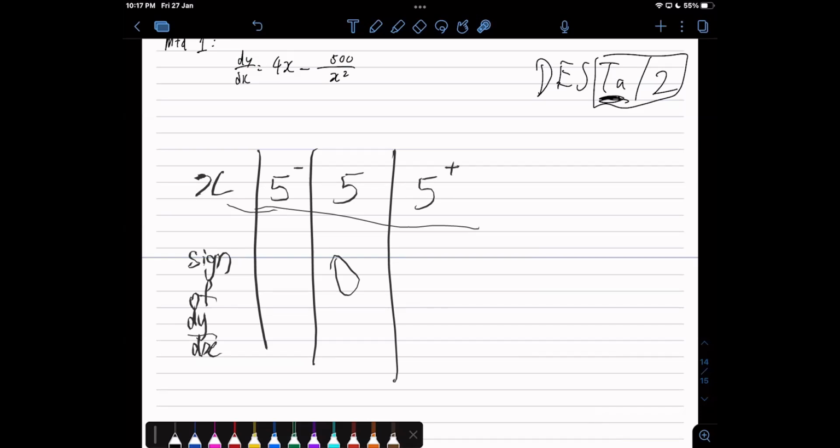And just do like 5.01 or something slightly bigger, or slightly smaller, 4.99. You could type it into the calculator, 5 minus 0.01, if you cannot work it out.